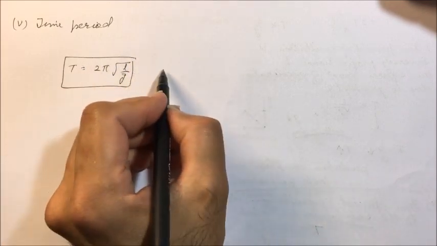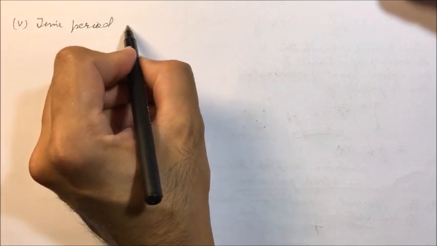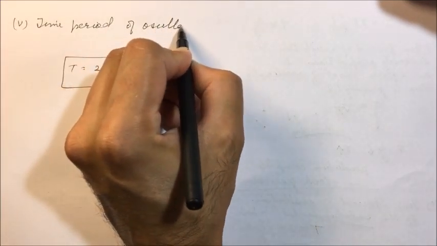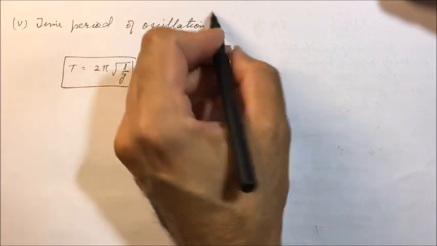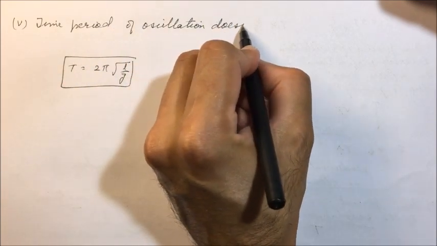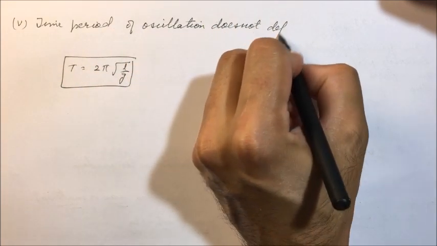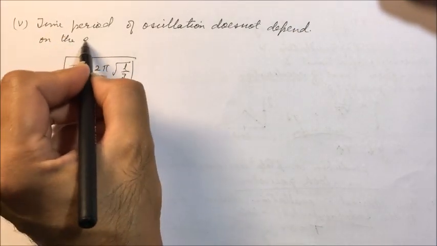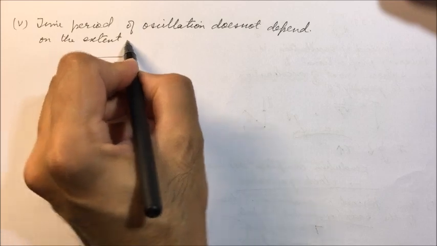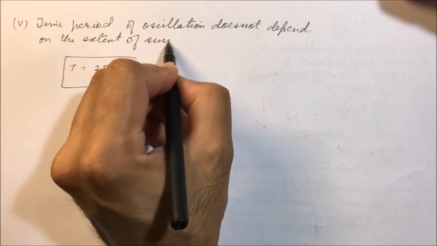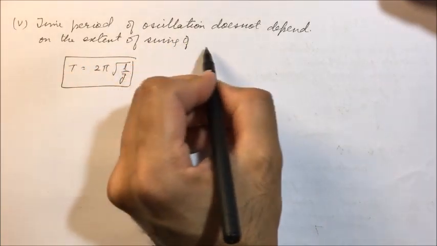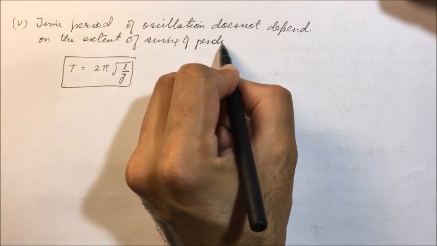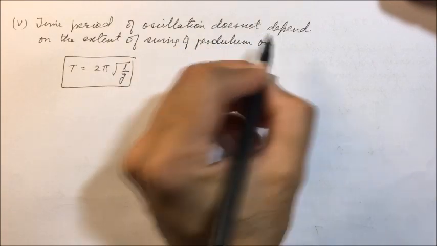So the time period of oscillation does not depend on the extent of swing of the pendulum on either side.